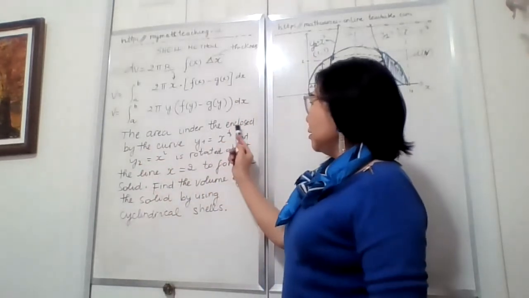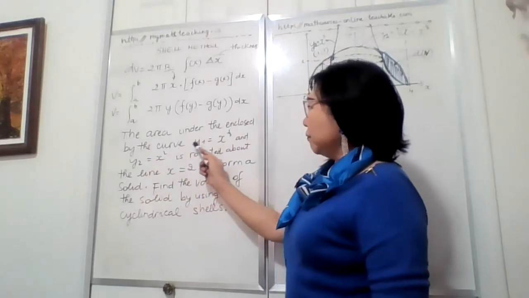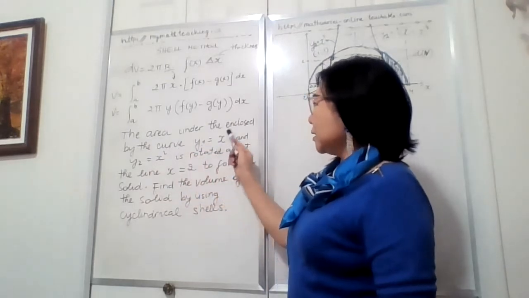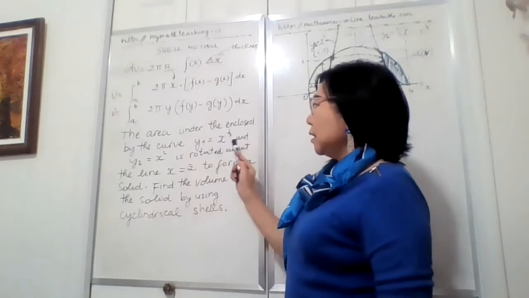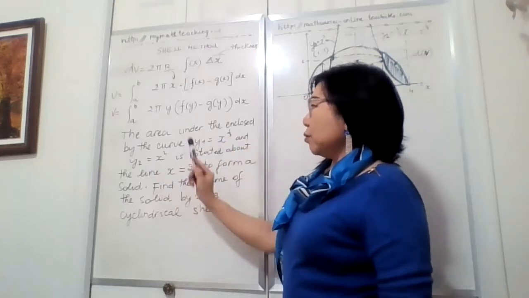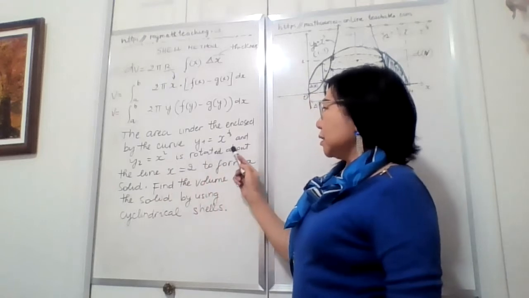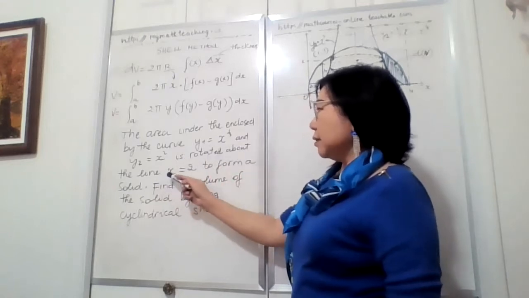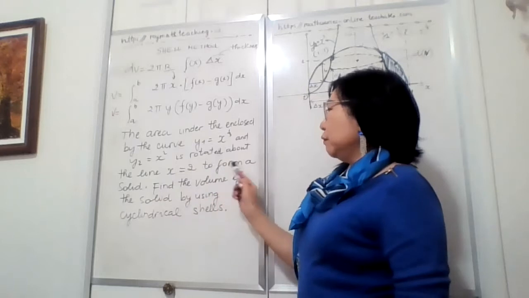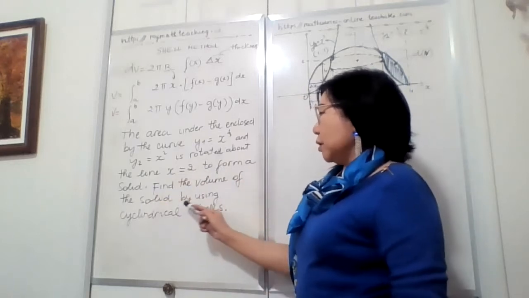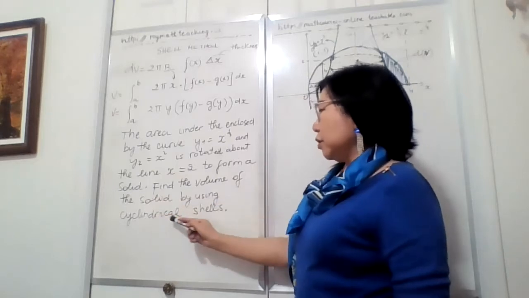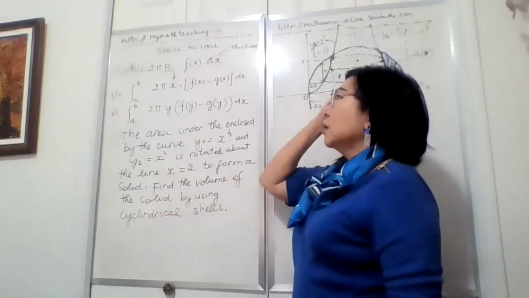The area enclosed by the curve y1 equals x to the power 1/3, or the cube root of x, and y2 equals x squared is rotated about the line x equals 2 to form a solid. Find the volume of the solid by using cylindrical shells.